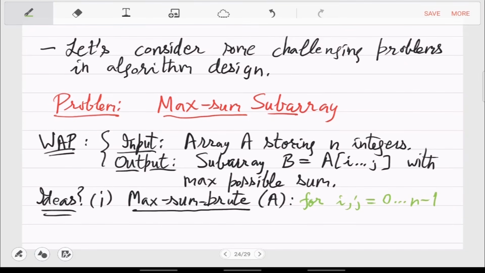So double for loop on i, j, and then you need to compute the sum of this particular subarray.